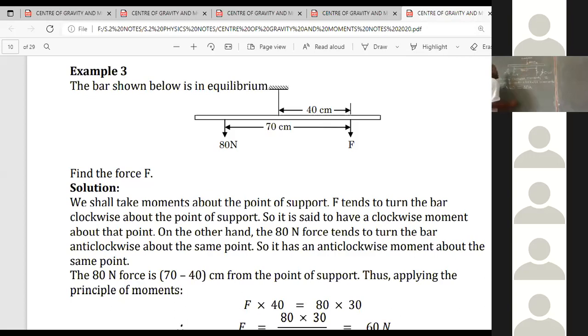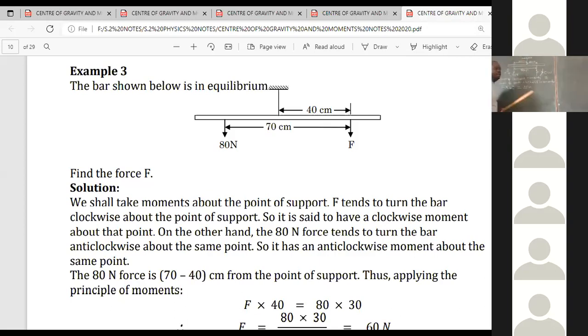Who can tell us the distance? 30 centimeters, got by 70 minus 40. Wonderful. They gave you 70, but you needed to identify the distance from the line of action of this force to the turning point, which is 70 minus 40, giving us 30. You need always to identify these distances very well.